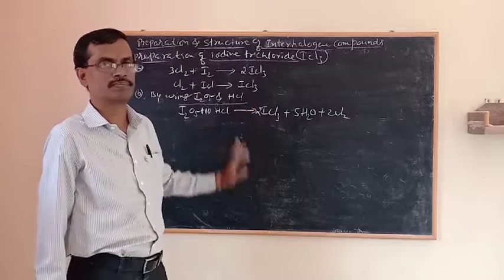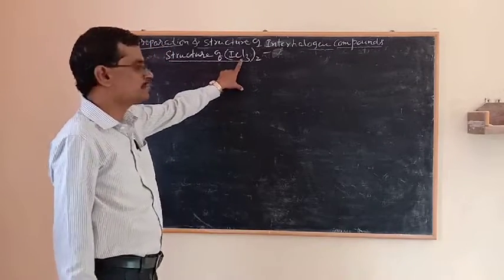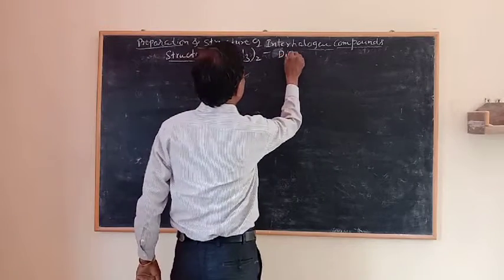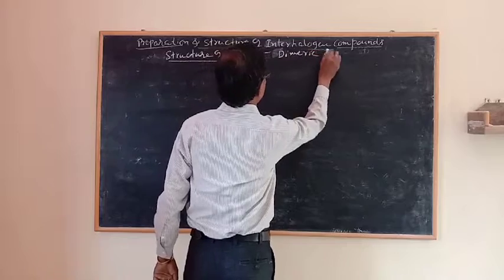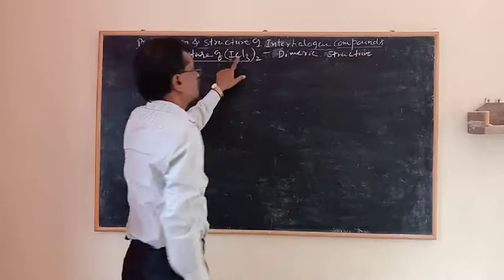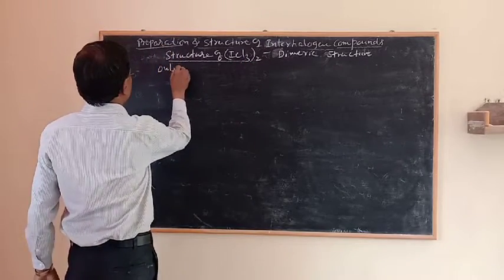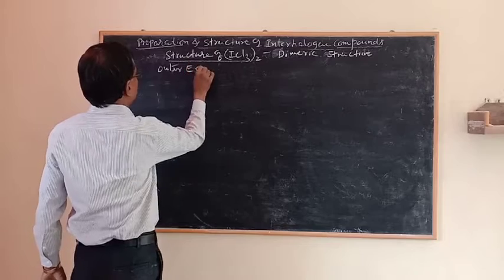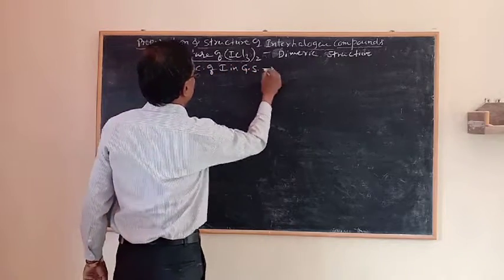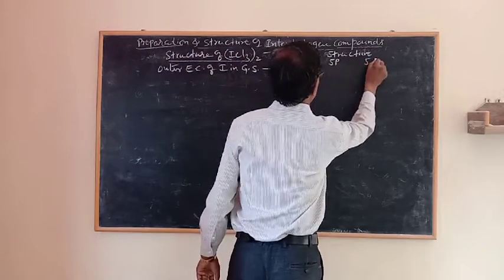Then we study the structure. So we study the structure of this ICl3, but actually this ICl3 is a dimer, so it is a dimeric structure. Dimeric structure means two molecules of this ICl3 combined to form I2Cl6. So here we have to take the outer electronic configuration of iodine in ground state. 5s, 5p and 5d orbitals are there.